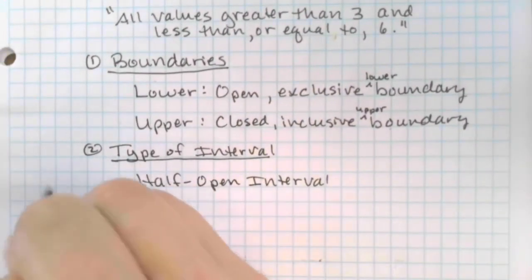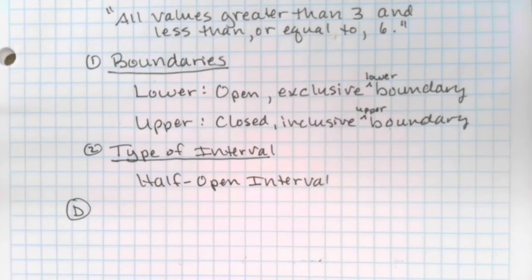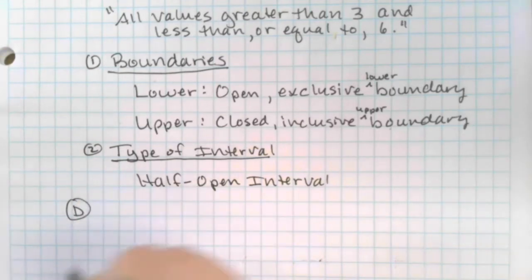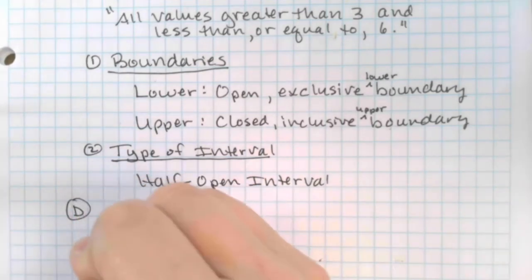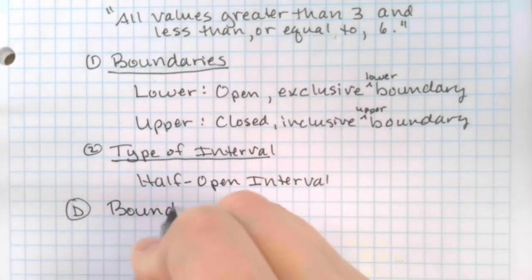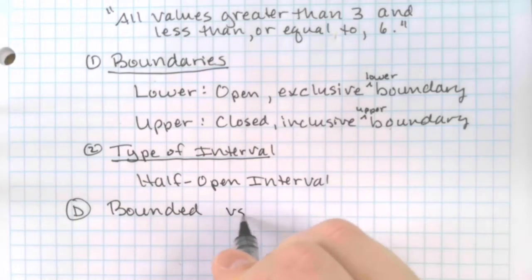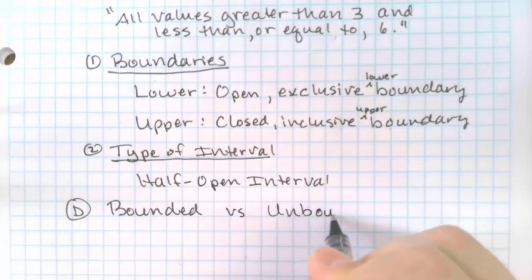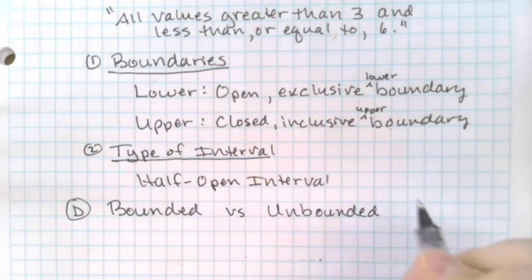Okay, part D. Bounded versus unbounded. We haven't really used bounded and unbounded terminology yet in reference to number line intervals. So bounded versus unbounded intervals.